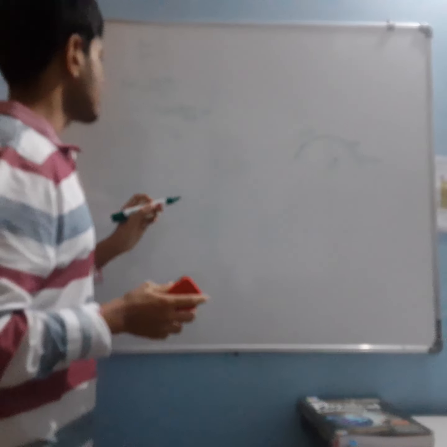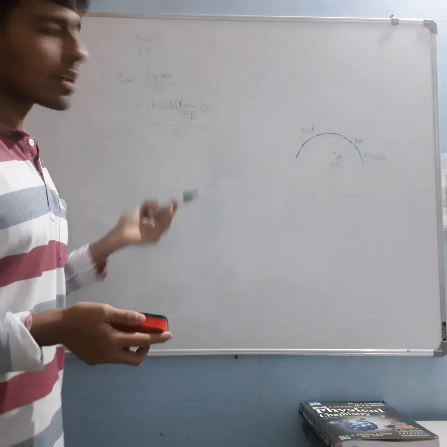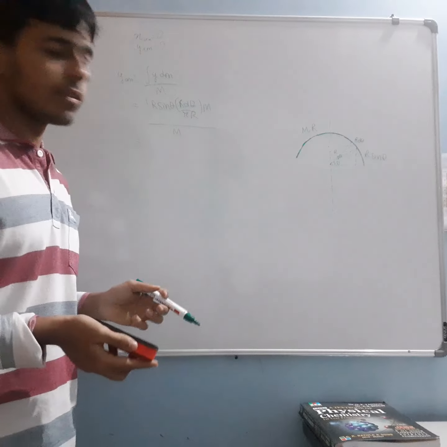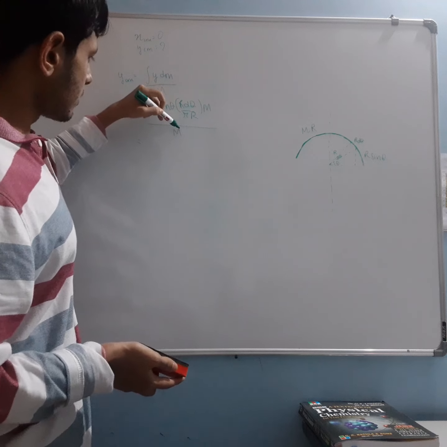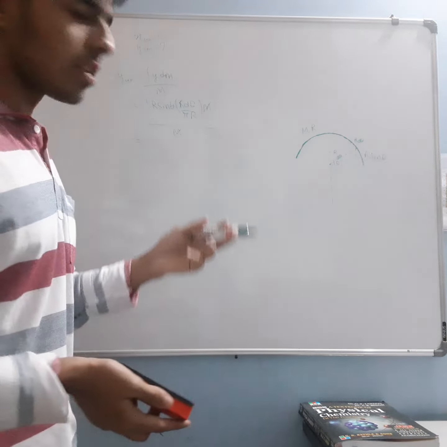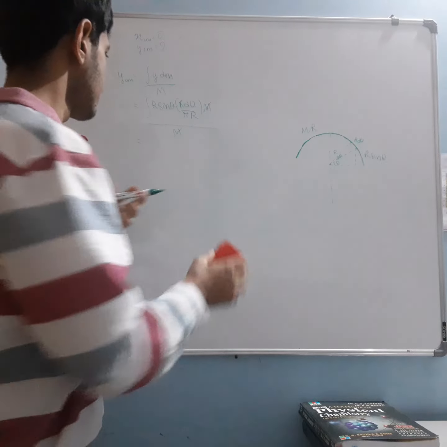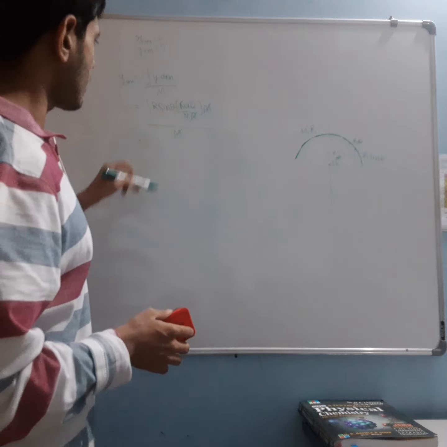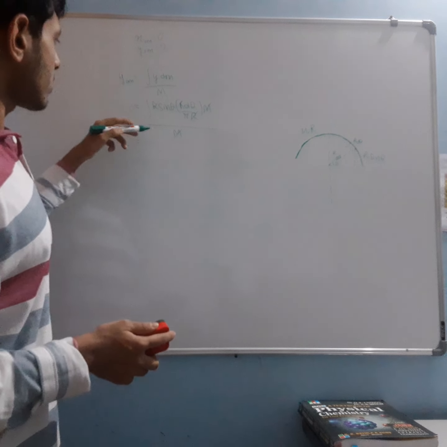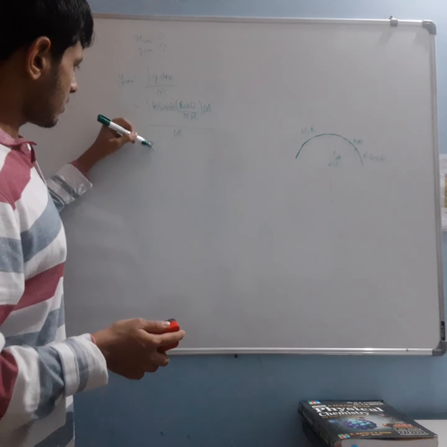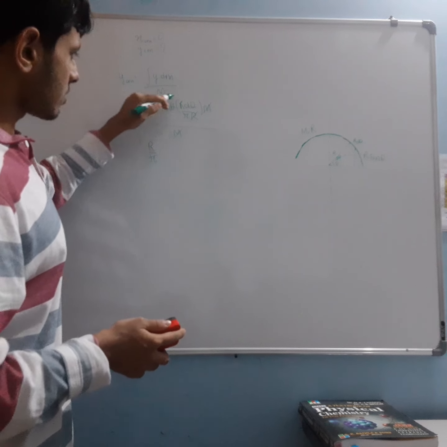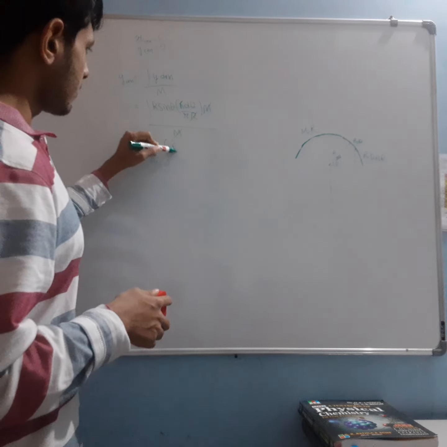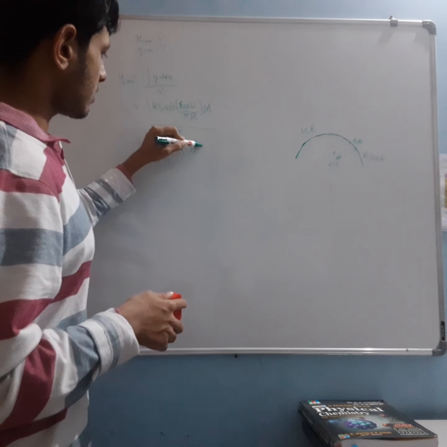So what we essentially did was we converted an integration over dm into an integration over d theta. We can simplify this: since m is a constant, it just gets cancelled, and this r and this r get cancelled. So what we get is r over pi. Since r and pi are constants, you can take them out of the integration sign. Integration of sine theta d theta.